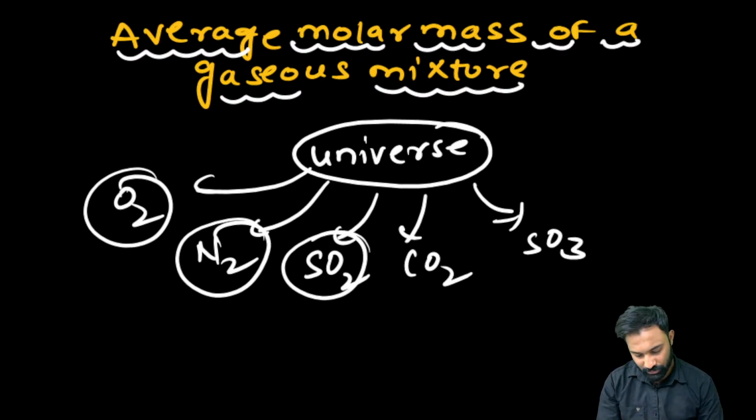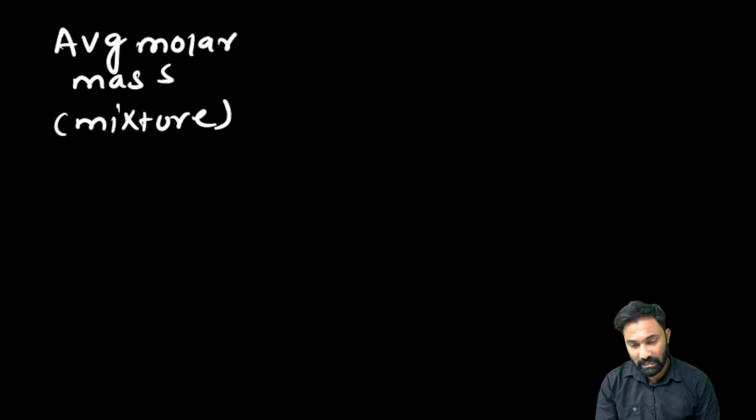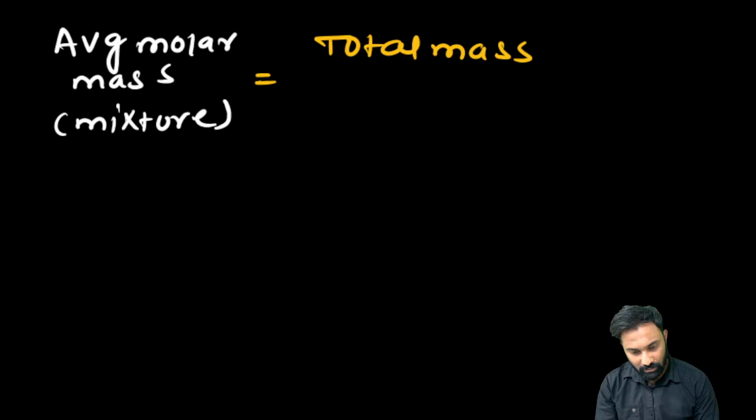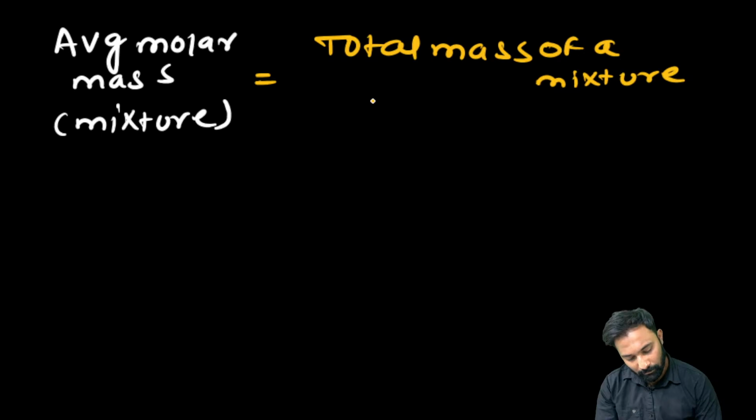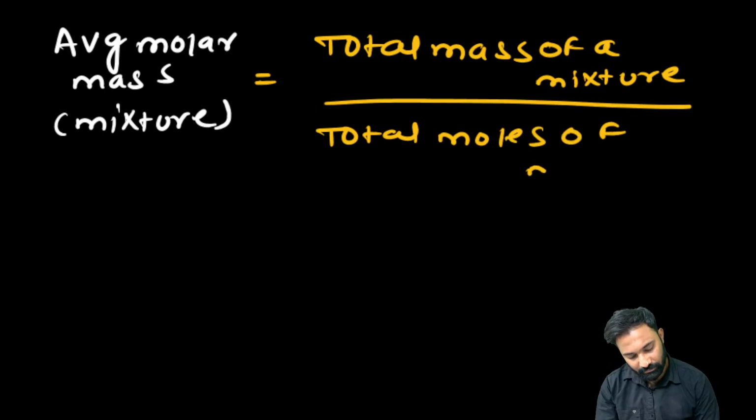Average molar mass of the mixture is equal to total mass of the mixture by total moles of the mixture. This is the formula.